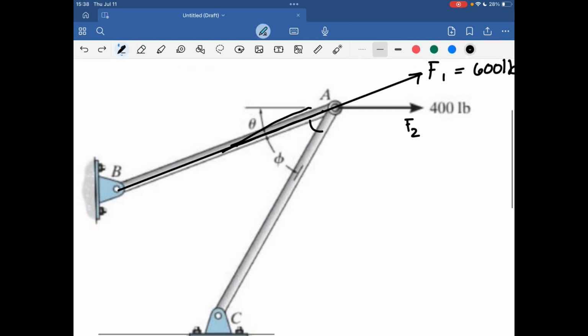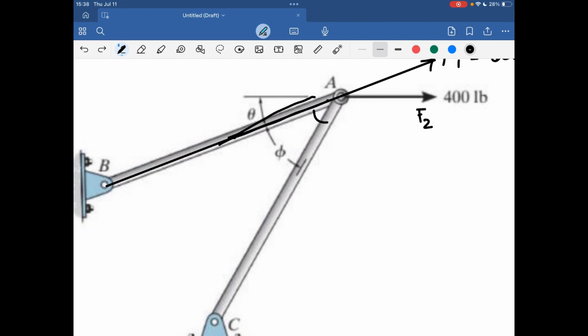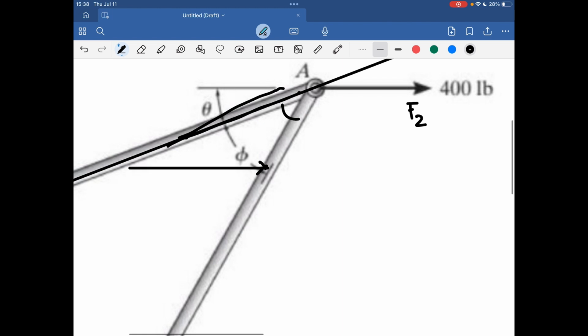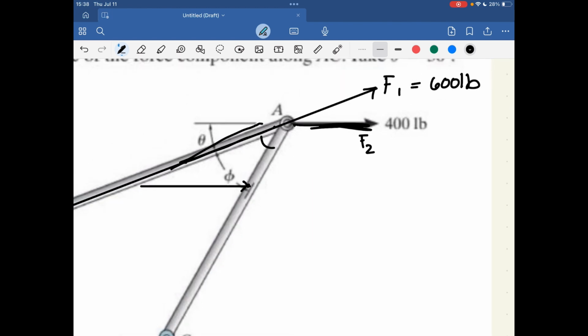So we can draw a line from BA directly to CA. The reason we can do that is because there's a horizontal force here, and I'm just shifting it down and to the left because it's essentially the same thing, right?